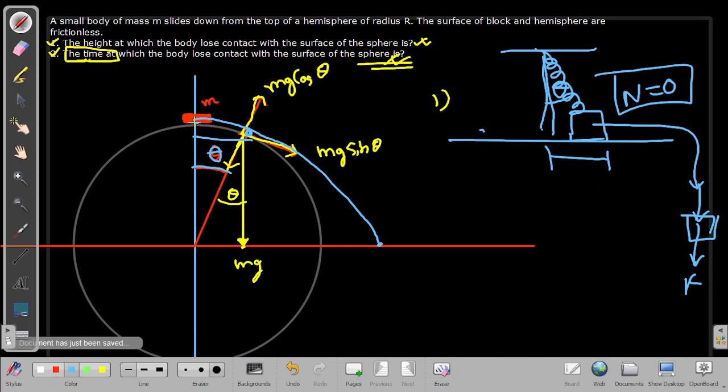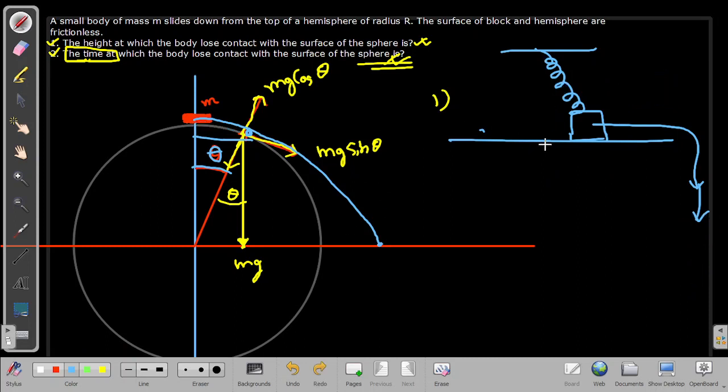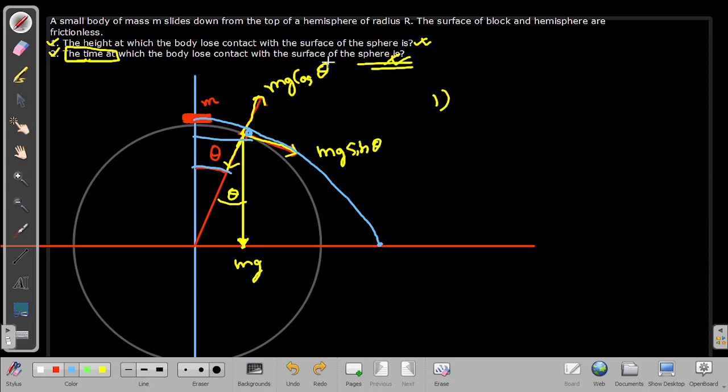The similar case is there, but we are given a circular hemisphere. So the problem is not too hard. We have to find just two equations. Let us find the first one. Suppose it is moving on a circular path, so there must be a centripetal force, which means there must be a pseudo force working here.